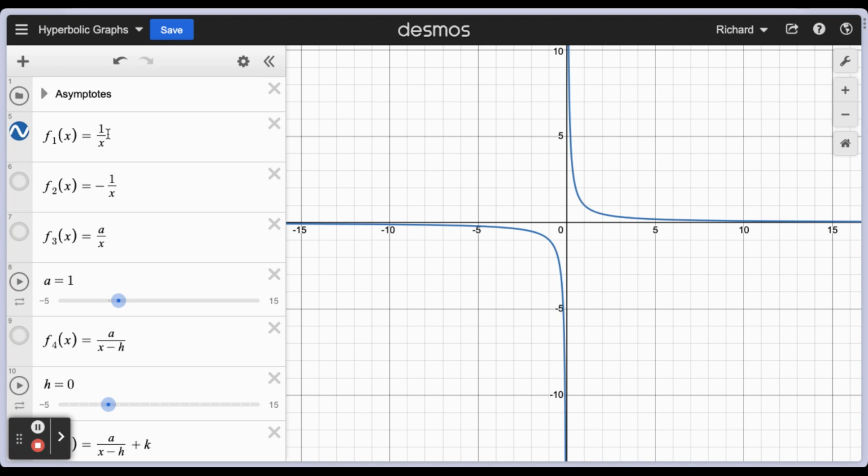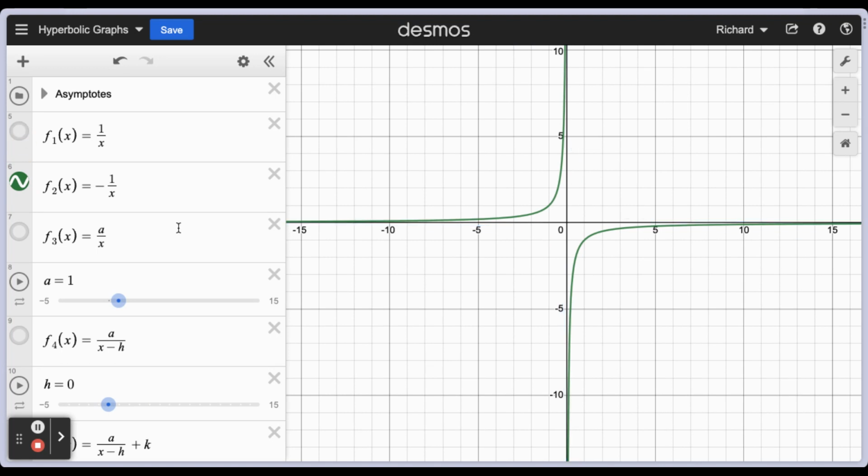A reflection, again, I'm just going to do this really quickly because I'm conscious of time. Have a think in your head about what should happen if we reflect about the x-axis. It's -1 on x. So the reflection looks like that. I'll take out the base graph though. So the reflection looks like that.